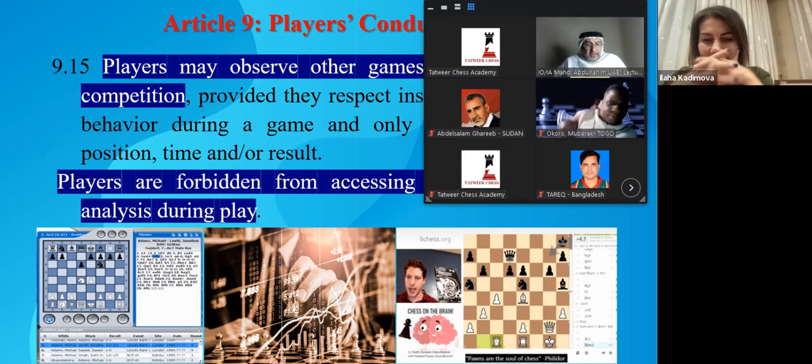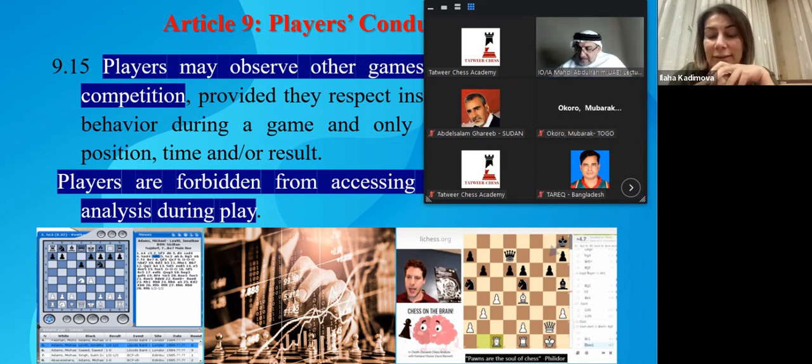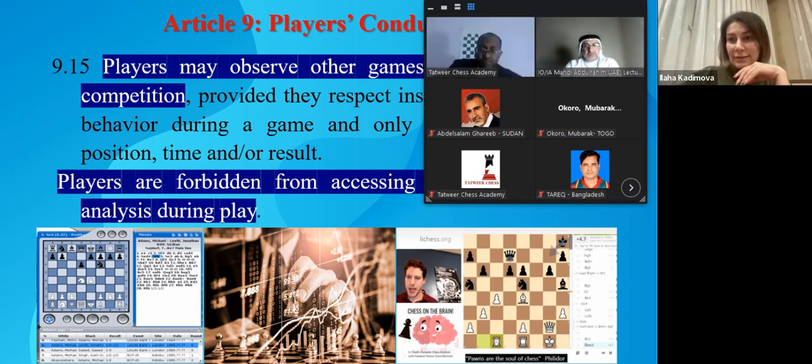Ilaha, can you add something? No, you're absolutely right. We have been arbiters in a couple of online events, and yes, as Marty said, we can use only one device, only one camera, and sometimes a second device is allowed with the permission of the chief arbiter, as Marty said, as a side camera, because sometimes technically it's not possible to put two computers.